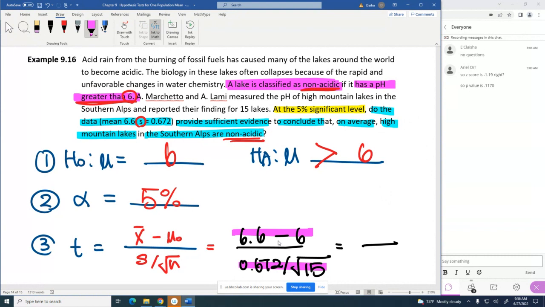The mean difference is 0.6, and the denominator is 0.672 divided by the square root of 15, which is 0.1735. So 0.6 over 0.1735 will be 3.46. But it will be the t-score, right?